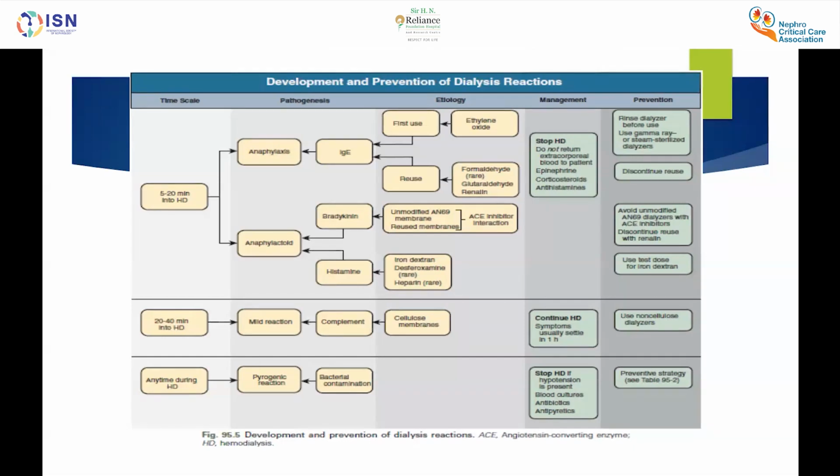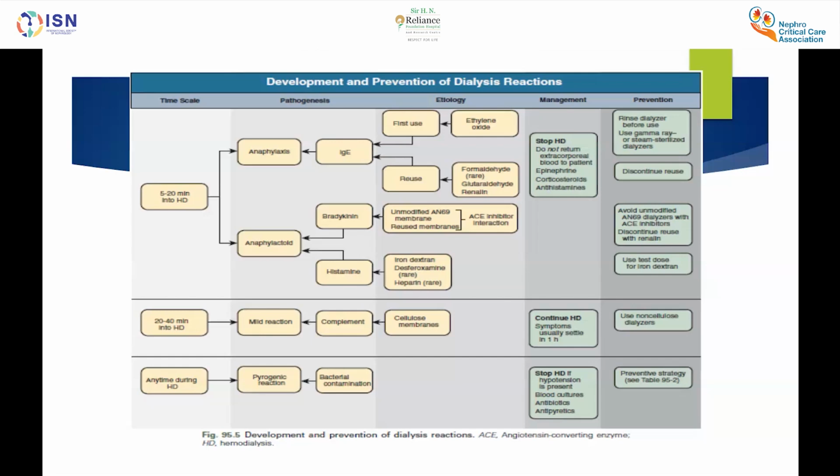How you manage this is that you stop the dialysis, do not return the extracorporeal blood to the patient, and treat with epinephrine, corticosteroids, and antihistaminics. And you can prevent this by rinsing the dialyzer before use, or using a gamma ray or steam sterilized dialyzer, and discontinuing the reuse.